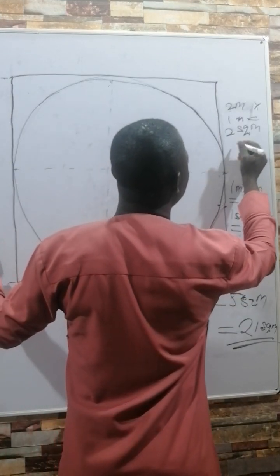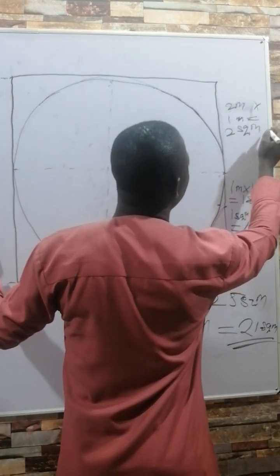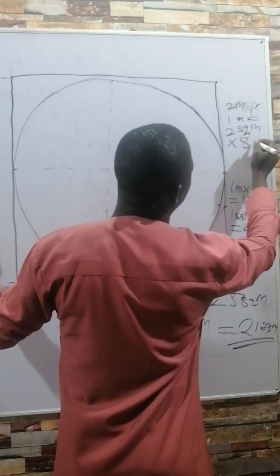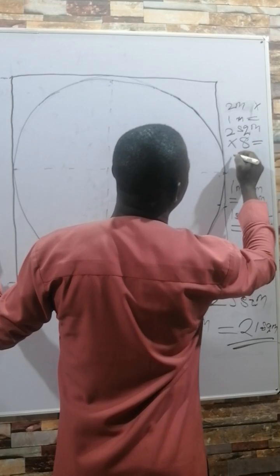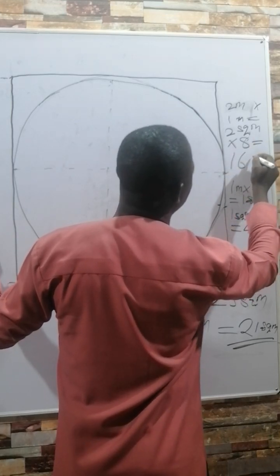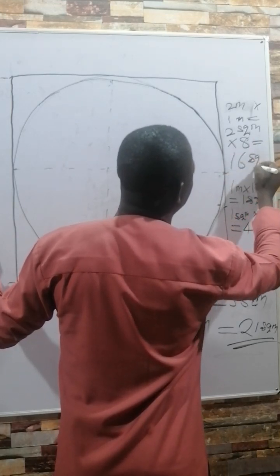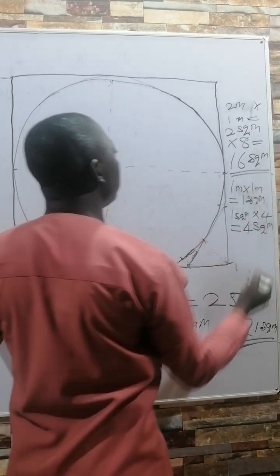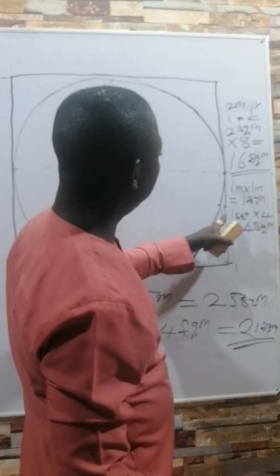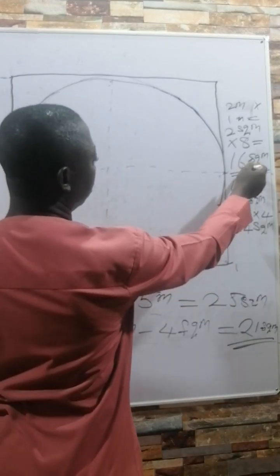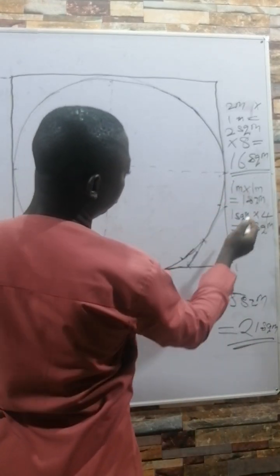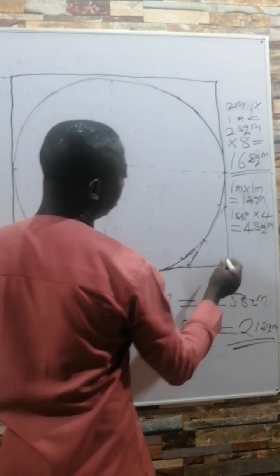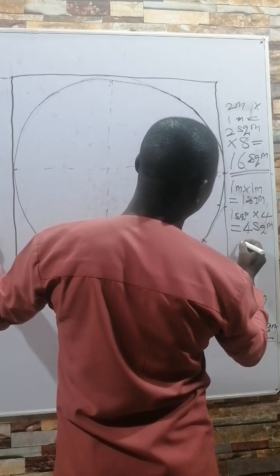So you get 16 square meters on this area. Then you will attach it to the 4 square meters that you got before, which is 16 plus 4.